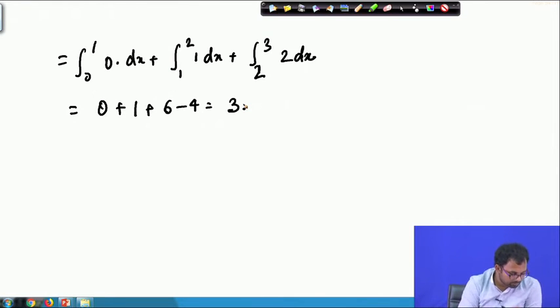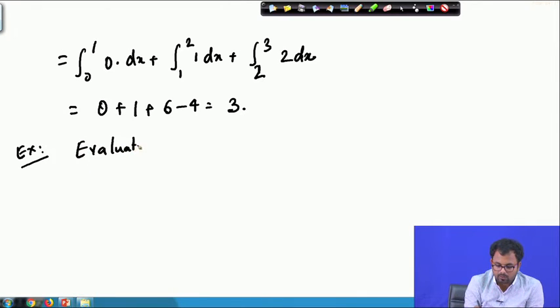All right. Next, we can look into an example of this type. So let us consider another example. Evaluate the integral from 0 to 2 of mod of 1 minus x dx.